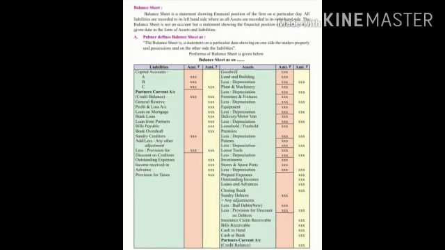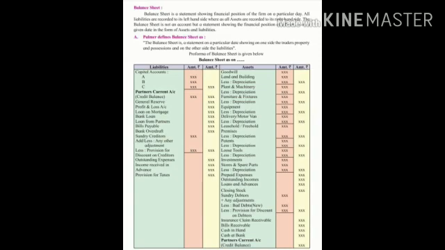Now after finding the net profit or net loss from the profit and loss account, that net profit or net loss we have to distribute among the partners in their profit sharing ratio. We distribute the profit amount among the partners with the ratio which is given in the question.